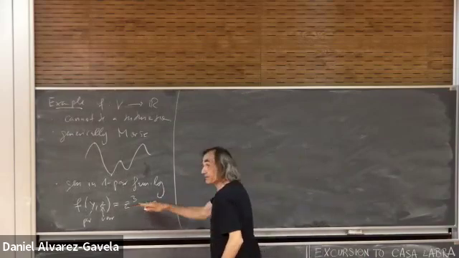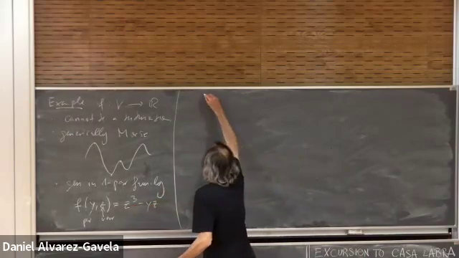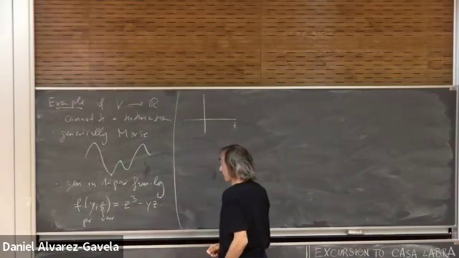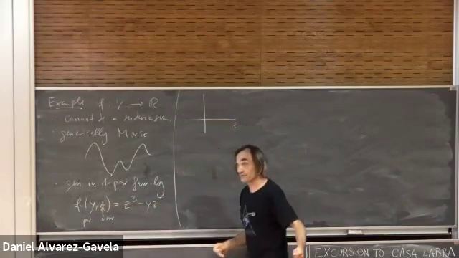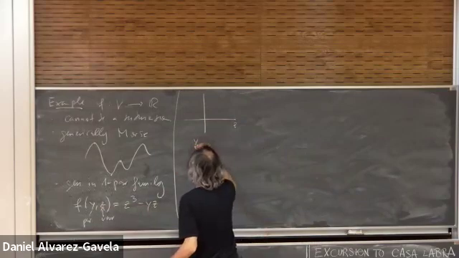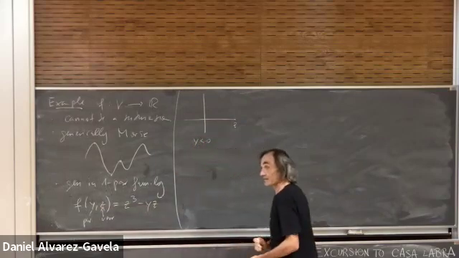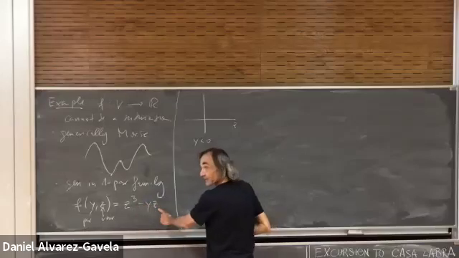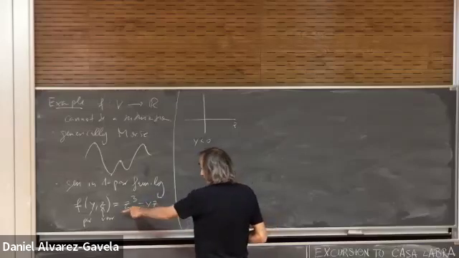Well, I can draw it as a movie of functions, depending only on z with parameter y. So if y is negative, then this is also something positive times z. So the derivative is always positive.